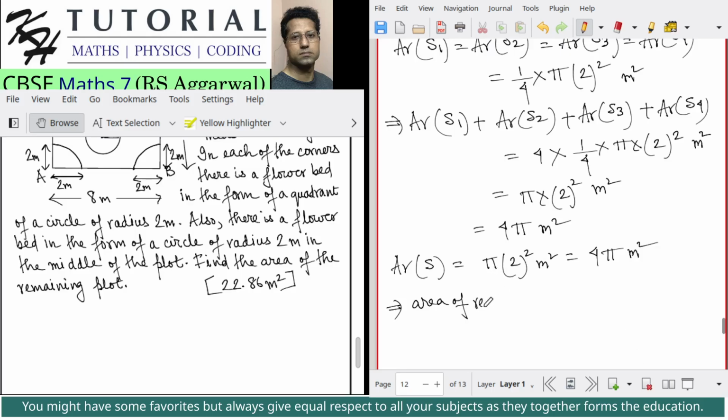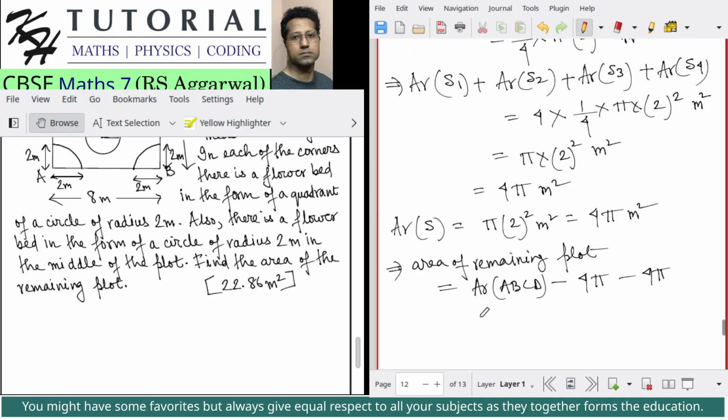So the area of the remaining plot will be equal to the area of the rectangle ABCD minus the area of all the 4 quadrants at the 4 corners, which is equal to the area of S1 plus area of S2 plus area of S3 plus area of S4, which is 4 pi, and again minus the area of the circular flower bed at the center, which is also 4 pi.